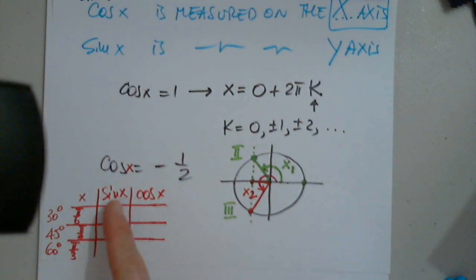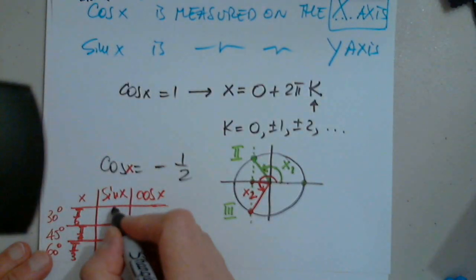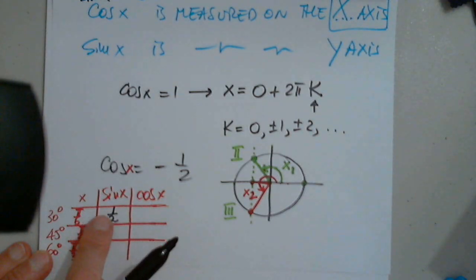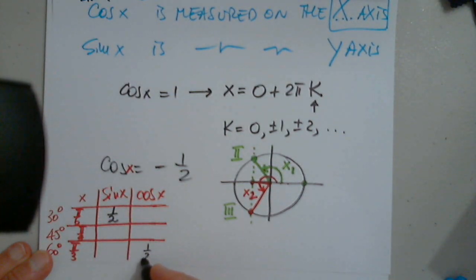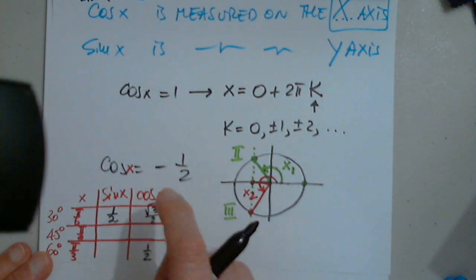Anyone remembers what is sine of pi over 6? The easiest angle, 1/2, and in the table, the opposite, 1/2. Cosine of pi over 6 is the square root of 3 over 2.